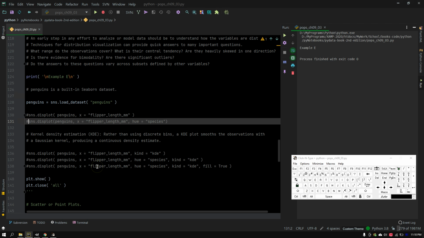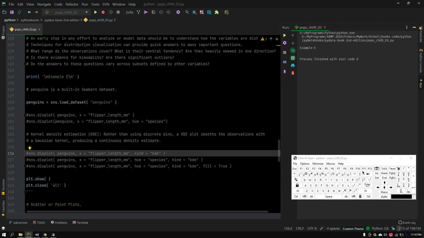Kernel density estimation, KDE. Rather than using discrete bins, a KDE plot smooths the observations with a Gaussian kernel, producing a continuous density estimate. The first example is, here you see the kind is KDE.